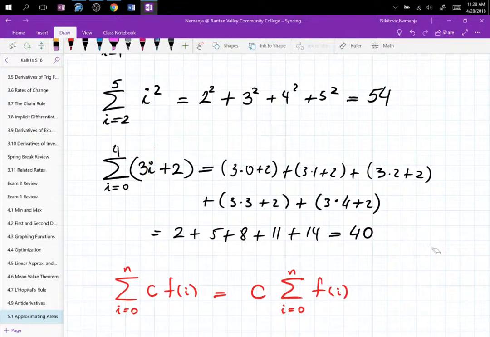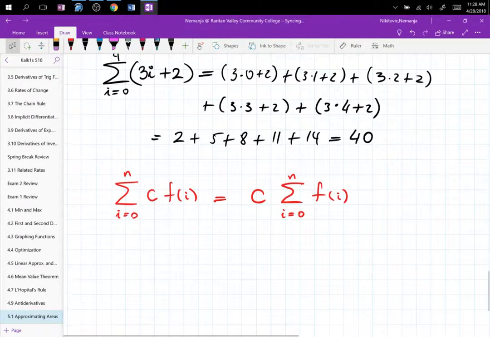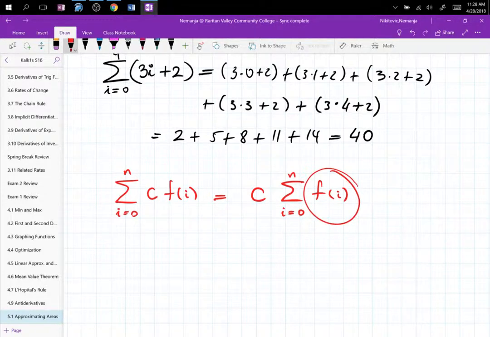The function is in terms of i. i is its variable, not x. In the sum, the variable is i, because that's what's changing from 0 to 1 to 2 to 3. So you can't take f of i and kick it outside because it operates on i's.